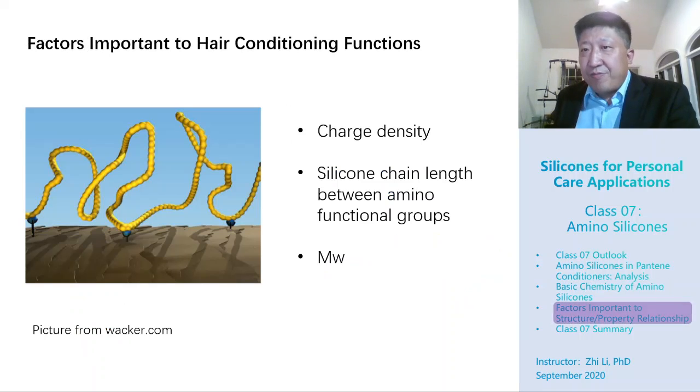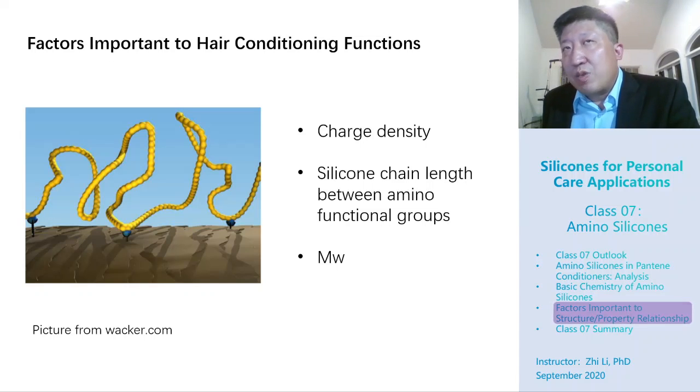For everything we understand to this moment, I think we have a good learning. You probably know the factors important to hair conditioning functions. Most important is the hair repair function from the silicone. I took a picture from Wacker.com. This is Wacker's opinion of how silicone ends up on a hair fiber.